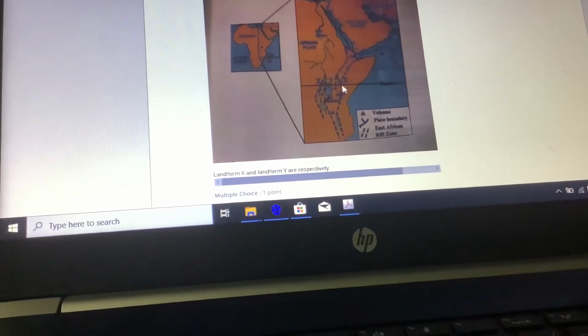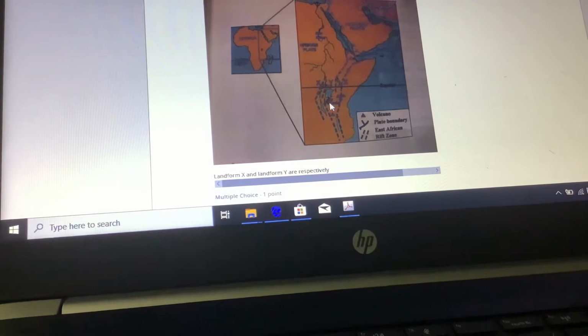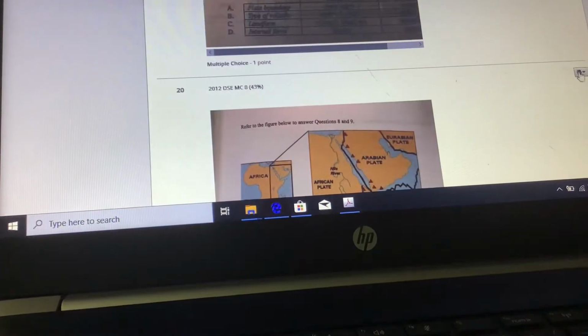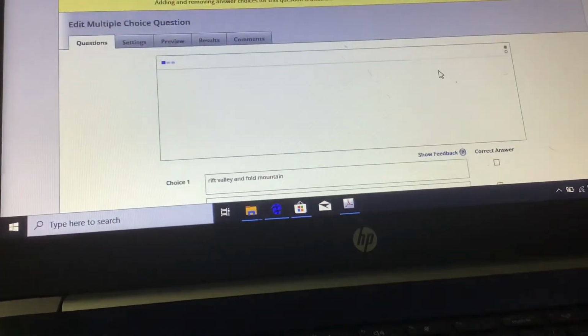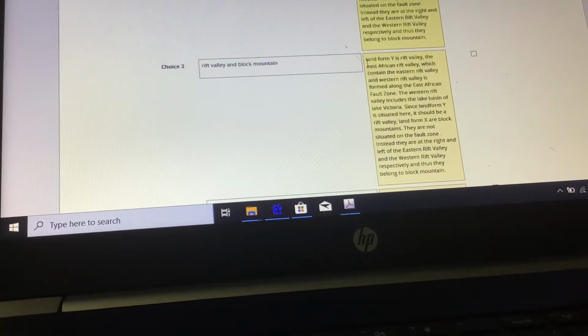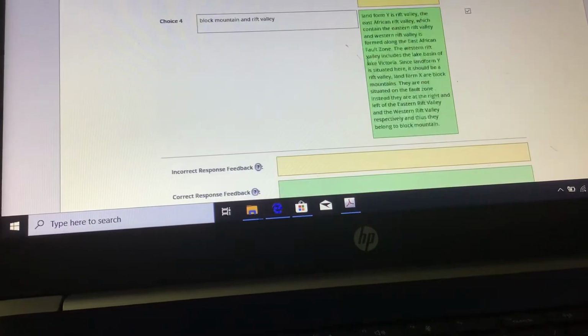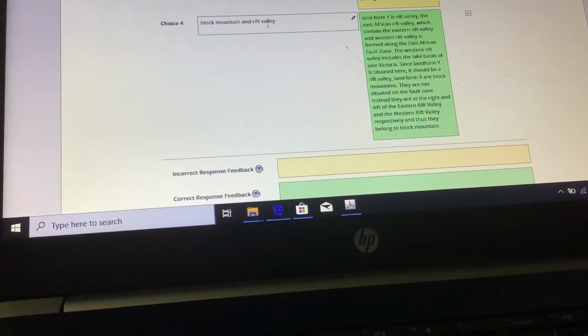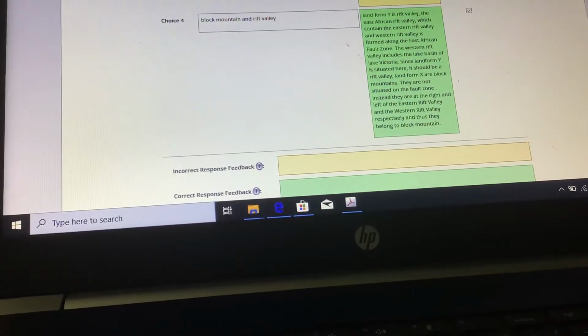And then Y, you can find Lake Victoria, which is a trough-like pattern. So I think X should be the block mountain, and Y should be the rift valley, because they always come together in the fault, block mountain and rift valley.